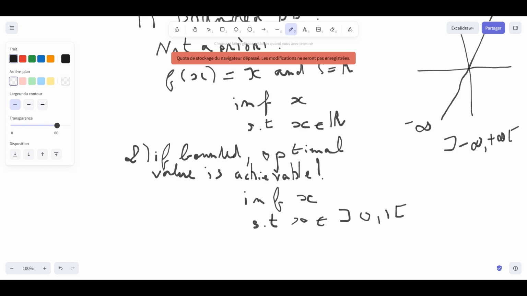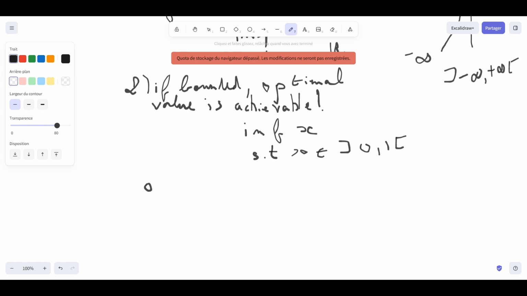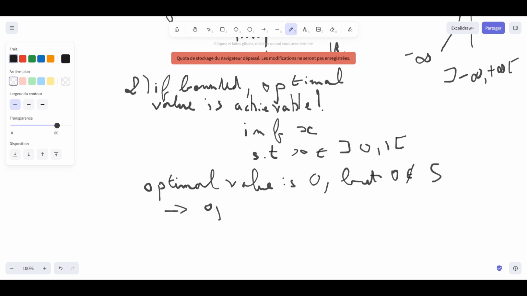And then the optimal value will be 0, but 0 is not in S. So it implies the optimal value is not achievable.